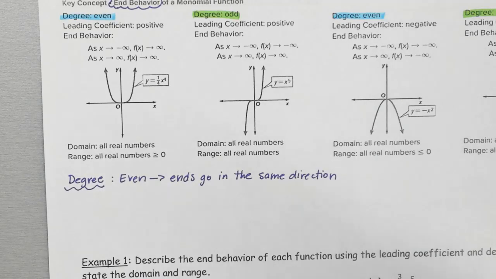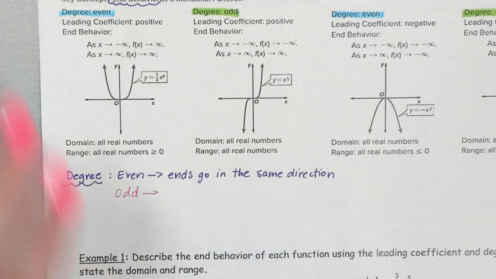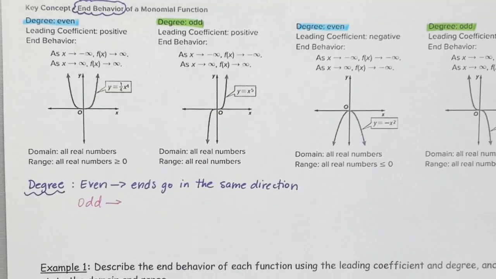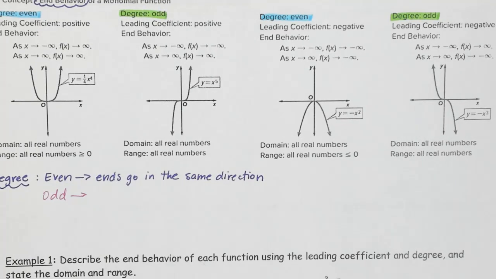Okay, and then based on that, I want you guys to either write down or just think about it if you're unsure. What happens now when the degree is odd? If you recognize it from the graph and you're ready to write it down, you can do that.